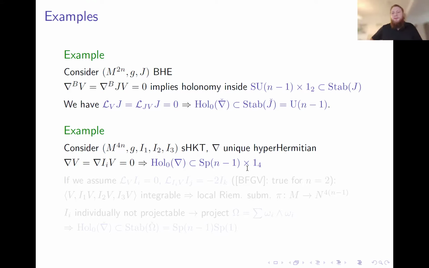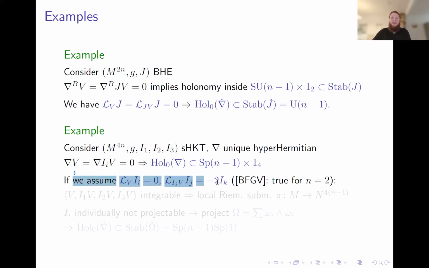And now we again would like to have this distribution spanned by V, I1V, I2V, I3V to be integrable, so that we can apply the theorem. Turns out there's no general proof. I've spoken to some people here about it, but basically we have to assume something.